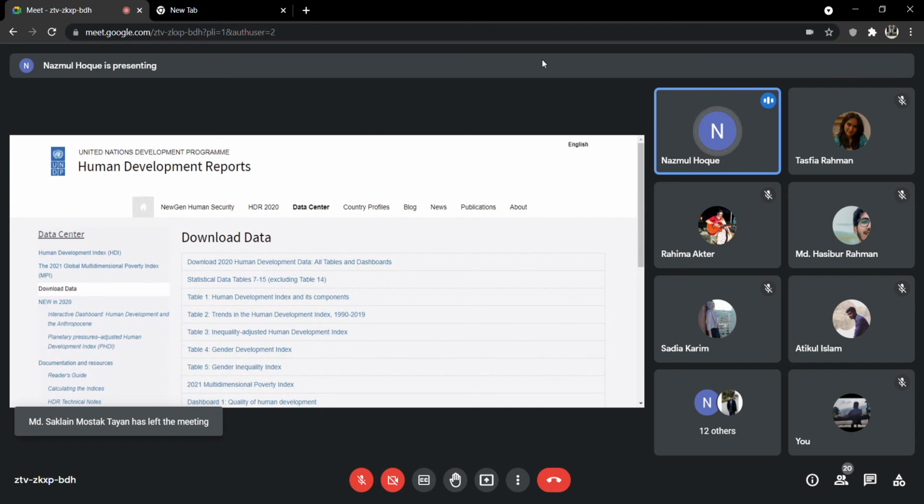There is a table on gender development, human development, life expectancy. So you also have life expectancy and other related information here, as you can see. Let me get to the table that I'm talking about, just to look at the HDI value for different years.